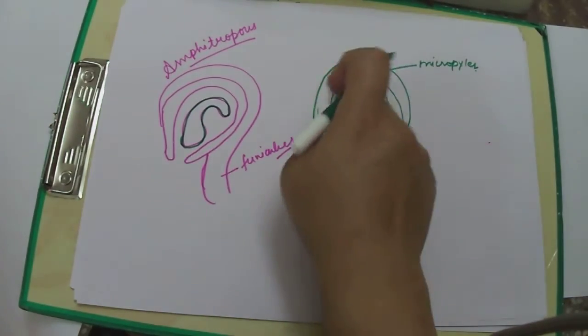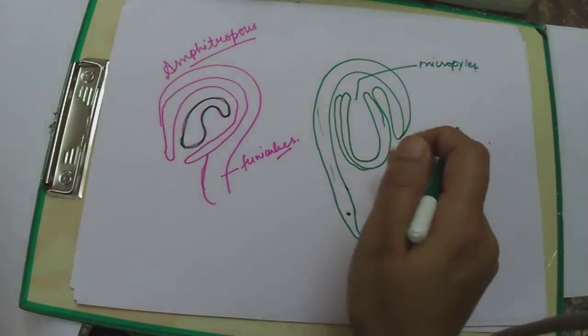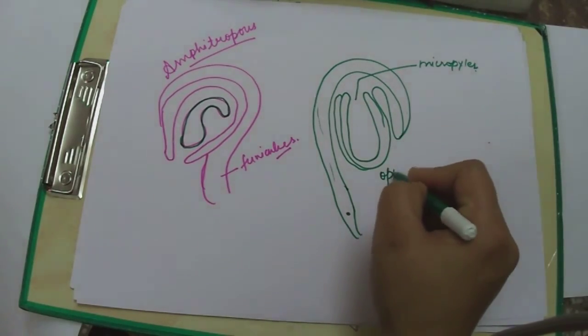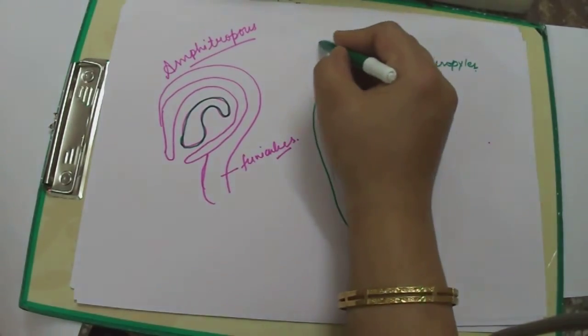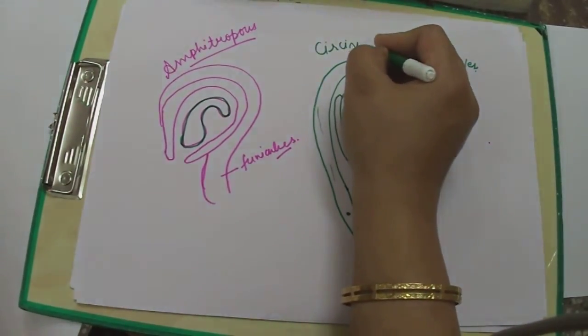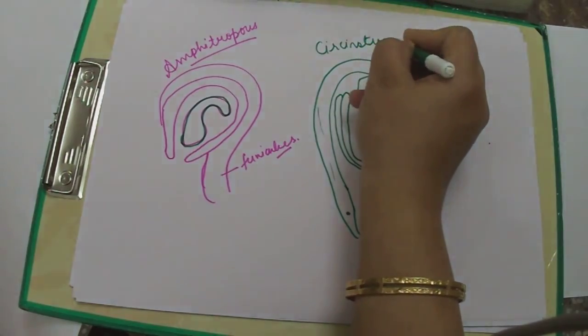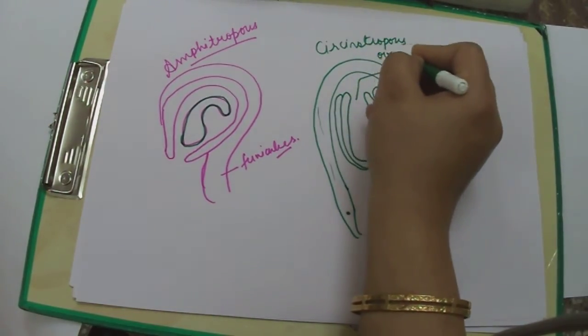This special type of funiculus is found in Opuntia. This is known as circinotropous ovule.